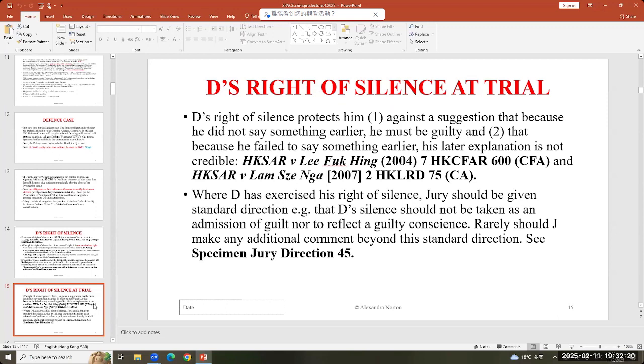And the problem is sometimes that when you make an assumption initially, it can be difficult to overturn it, especially with lay people. So technically, it's not evidence of guilt, but there's always a risk that it may be used inappropriately by the jury, right?